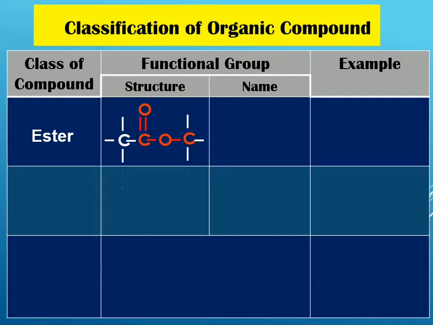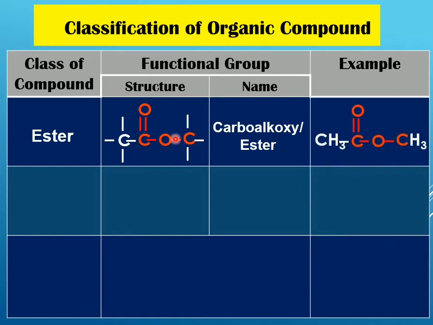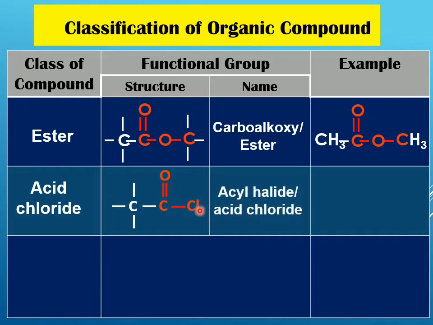Ester compounds have the structure of C double bond O connected to oxygen and carbon, and you can name it carboalkoxy or also ester. And acid chloride has the structure of C double bond O connected to a Cl. So you can name it acyl halide, or the functional group is also called acid chloride.